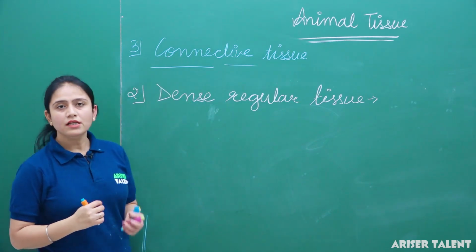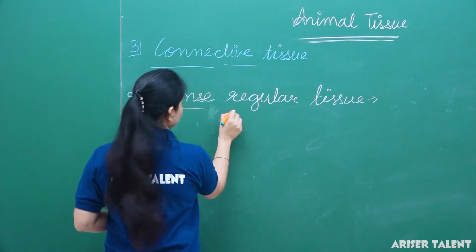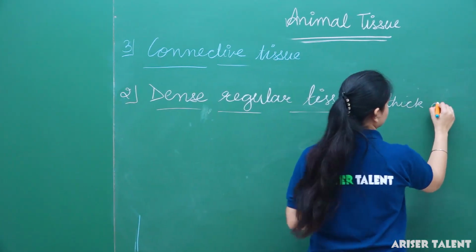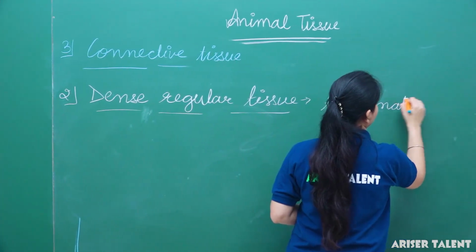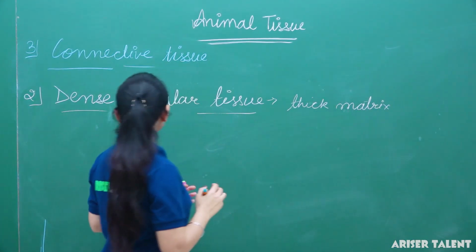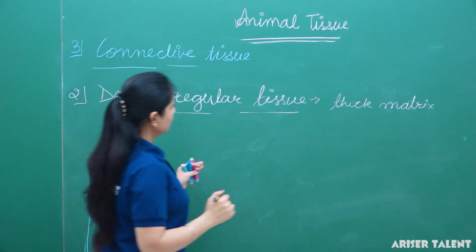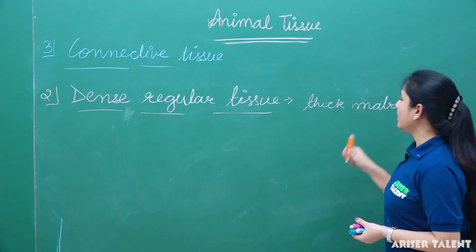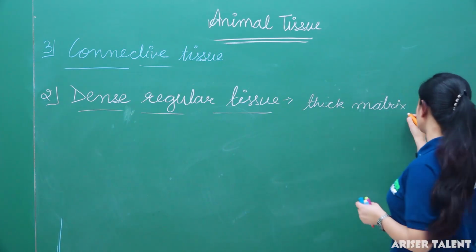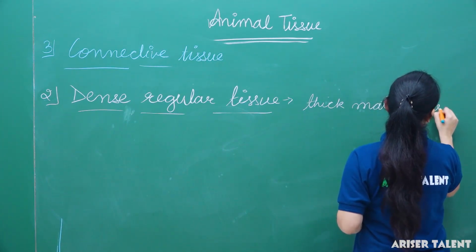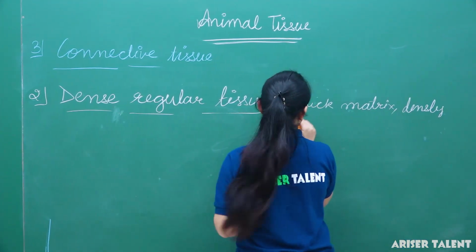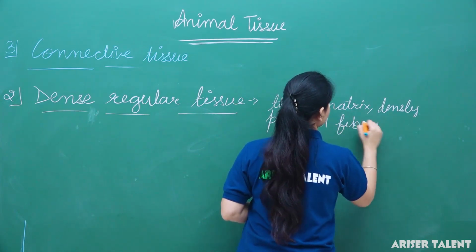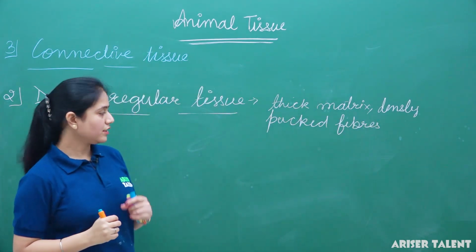It contains a little thick matrix. They have thick matrix and densely packed fibers. Fibers are loose and elastic in nature.